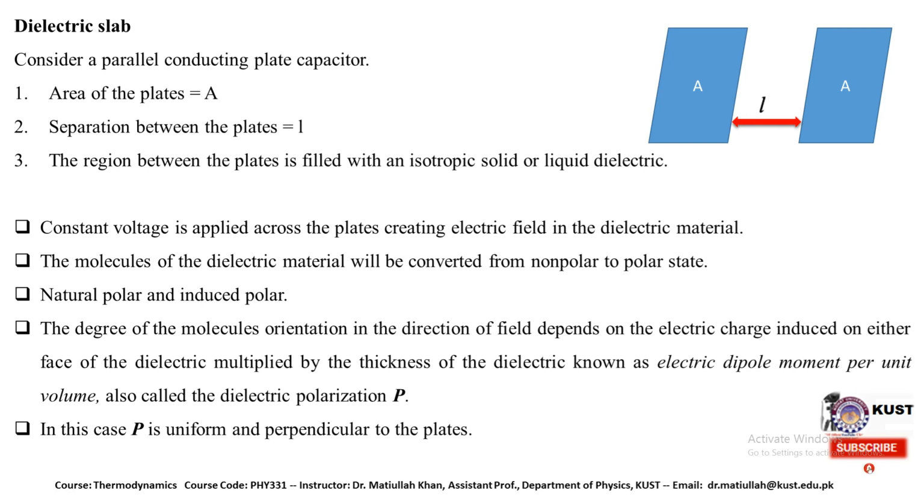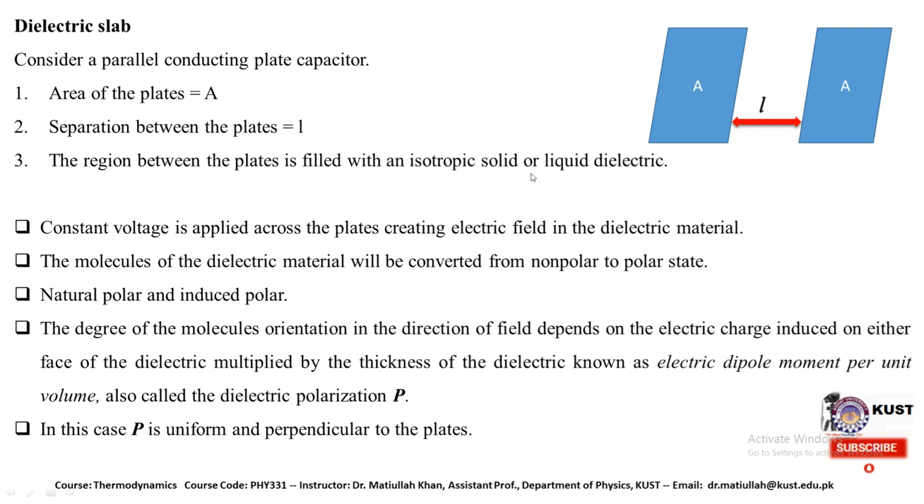I mean, the center of positive charge is located at some distance from the center of negative charge. So we have different types of molecules. This may be polar molecules or non-polar molecules, but anyhow, some are natural polar molecules and some are non-polar.